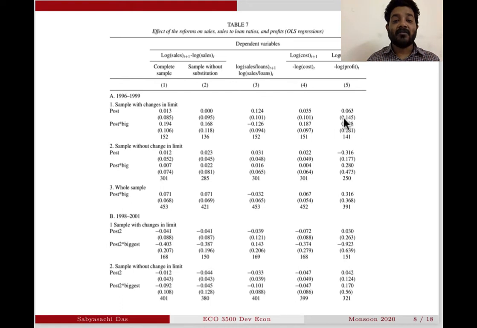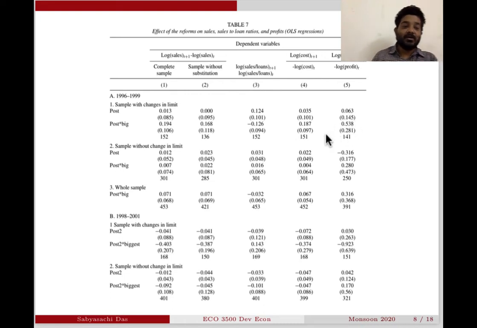And profit growth increases by close to 54 percentage points. That's an enormous increase in profit growth. And this number is much larger relative to the firms that did not experience a change in limit. For them, profit growth was also about 28 percentage points. Even though it's highly noisy and not statistically significant, this is a large number. But this one is even larger and is also statistically significant.